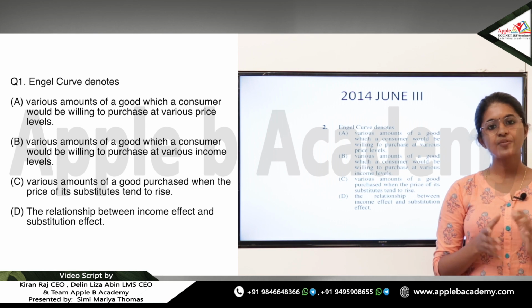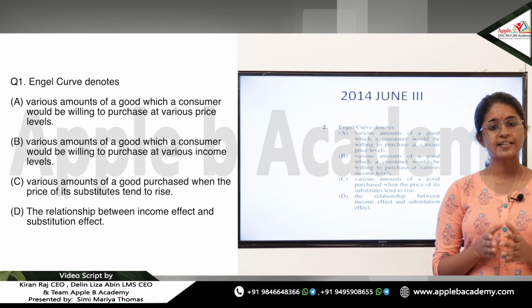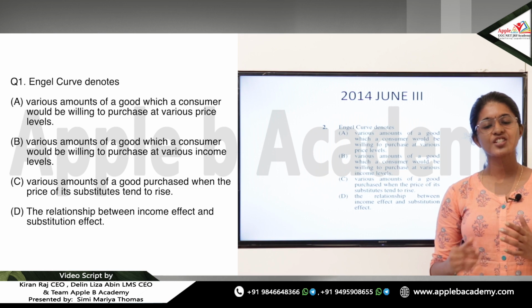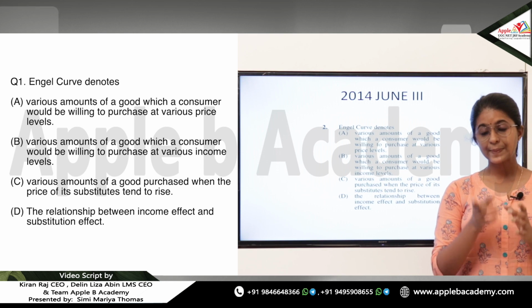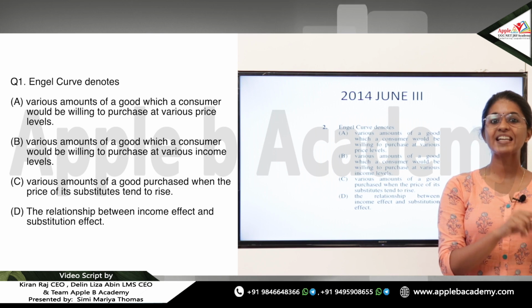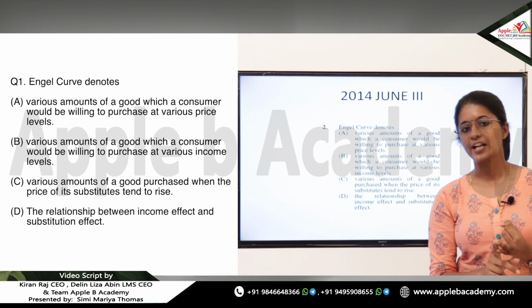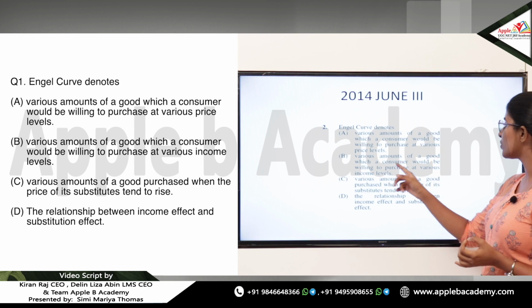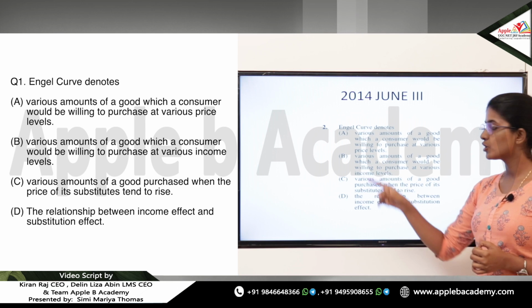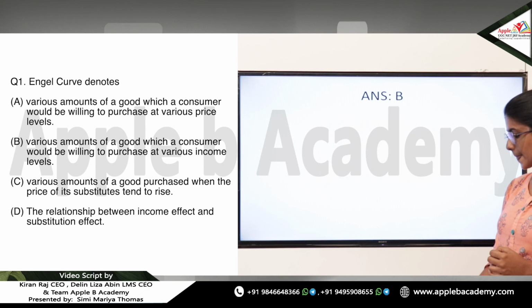For neutral commodities, the Engel curve is vertical to the x-axis, which means increased income does not change the consumption of the good at all. So basically the Engel curve denotes the relationship between income and the consumption of the good. The amount of good which a consumer would be willing to purchase at various income levels will be the answer. So the answer will be B.